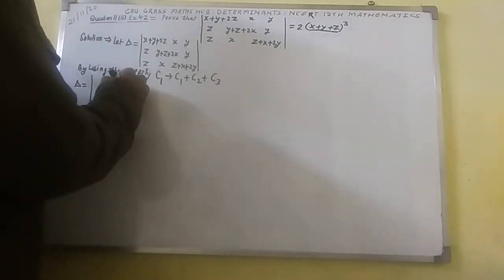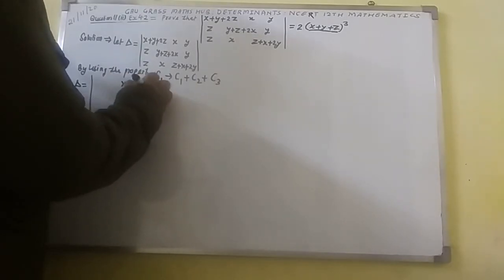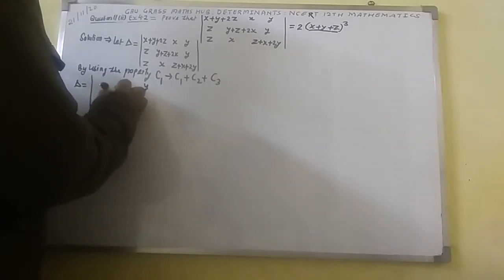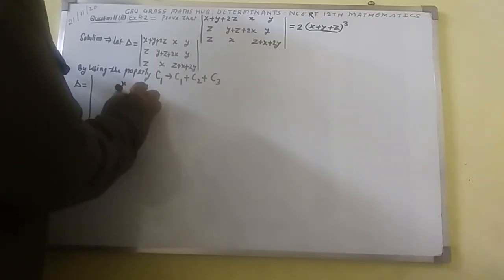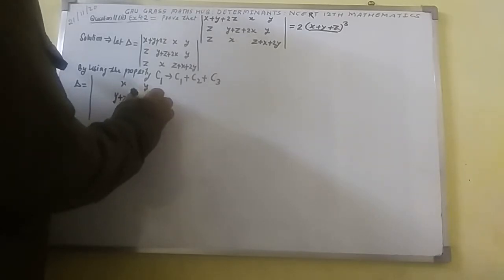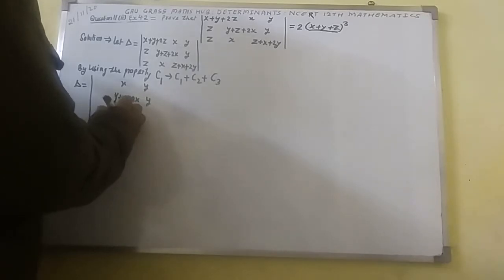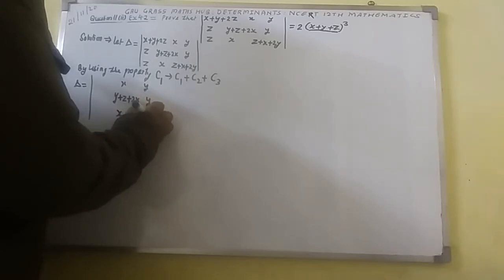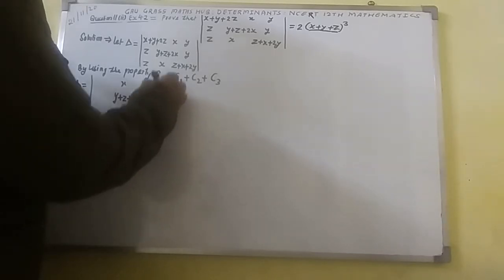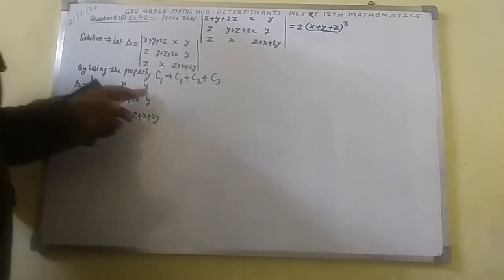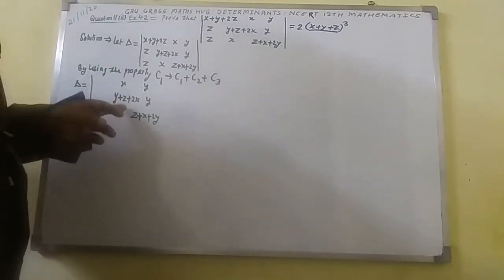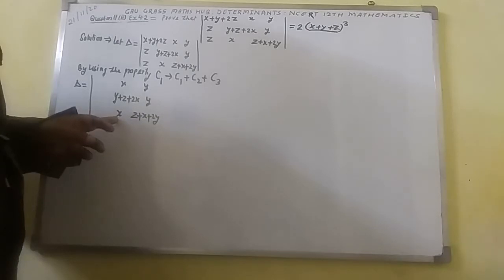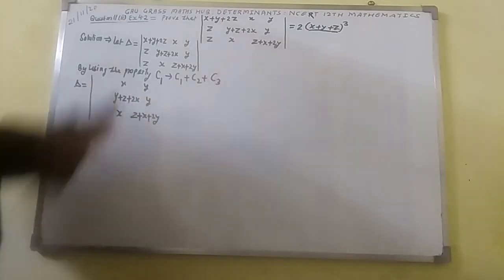So here I write x, y; here y plus z plus 2x, y; here x; here z plus x plus 2y. x, y, y plus z plus 2x, y, x, z plus x plus 2y I have written.